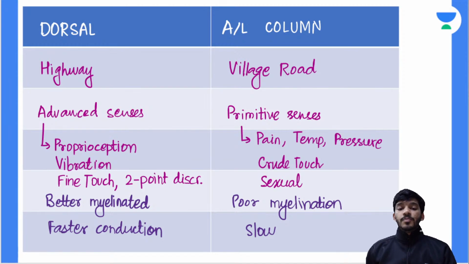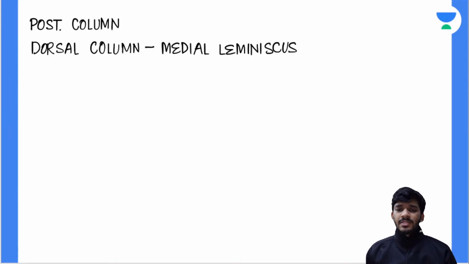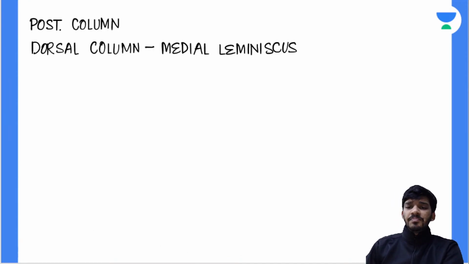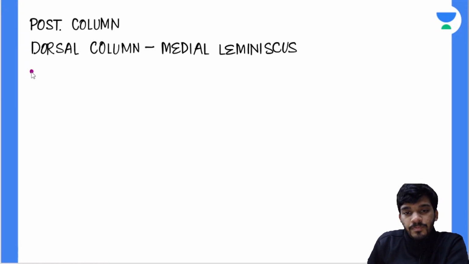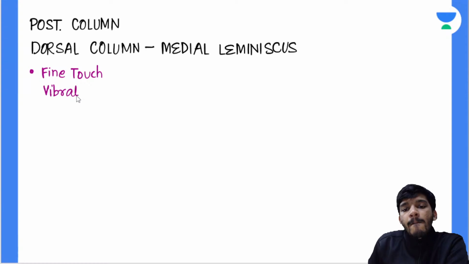Now let's talk about the posterior column or the dorsal column medial lemniscus pathway. It carries fine touch, vibration, and remember, conscious proprioception, not unconscious proprioception, which is carried to the cerebellum. For the sake of repetition, conscious proprioception.